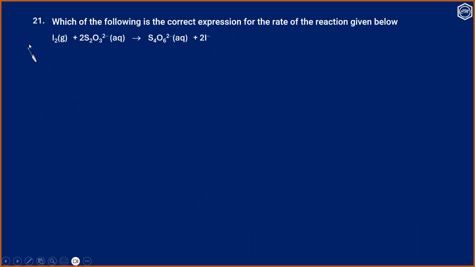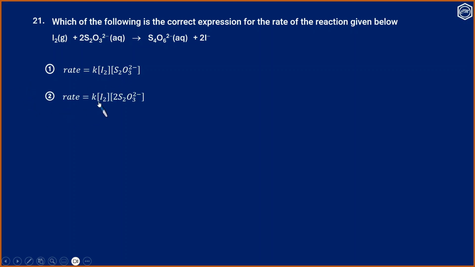Question number 21. Which of the following is the correct expression for rate of reaction given below? Iodine plus thiosulfate giving the tetrathionate ion plus I⁻. Option 1, rate is equal to k into concentration of iodine into concentration of thiosulfate.